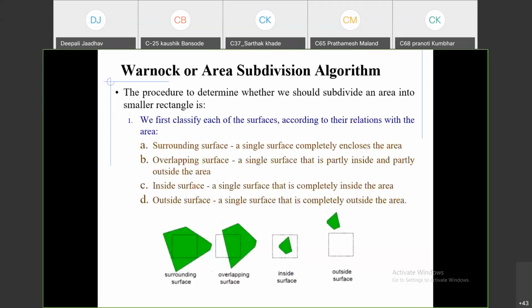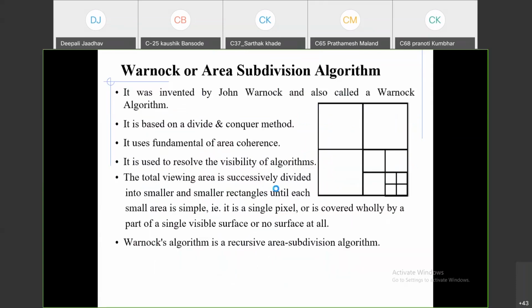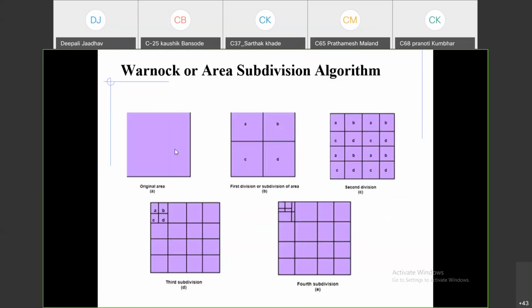Now the next. The procedure to determine whether we should subdivide an area into smaller rectangles is this. First, we need to determine whether we have to divide this area into sub areas, and how it is decided.